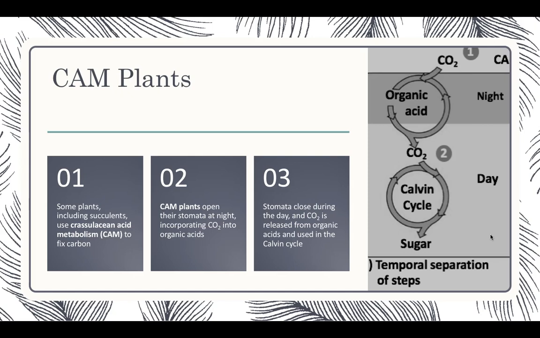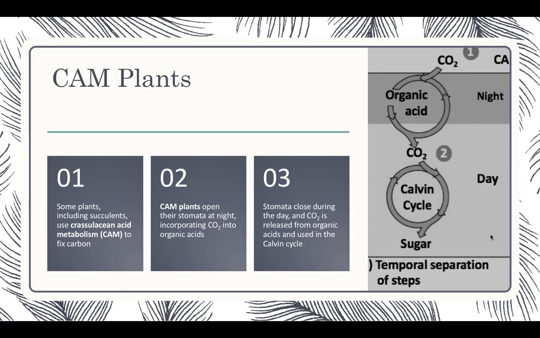In the daytime, when the stomata are closed, that's when the plant does the Calvin cycle by releasing the carbon dioxide from the organic acids. So there are two ways plants have evolved to deal with reducing photorespiration.